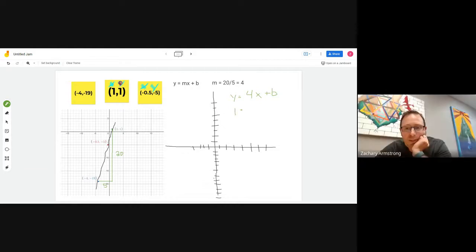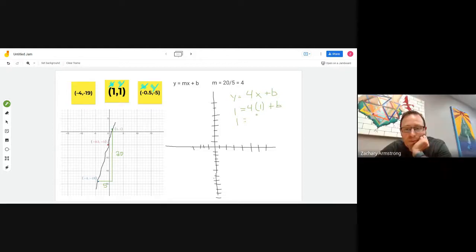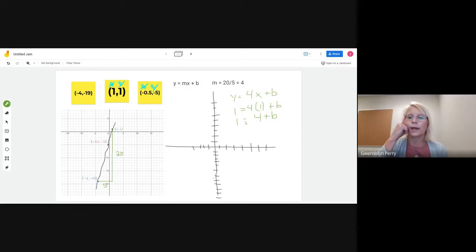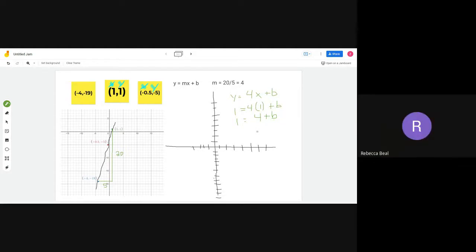So we have 1 equals 4 times 1, plus b. So that's 1 equals 4 plus b. Can we think of something we can add to 4 to get 1? We can zero pair it with a -4, couldn't we? That'll get us 0. Well, then how do we get 1?